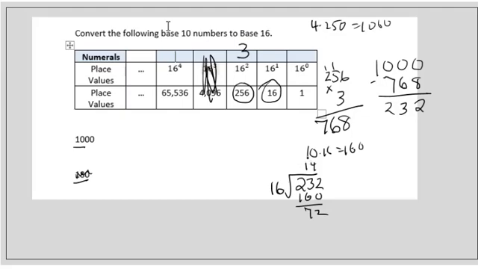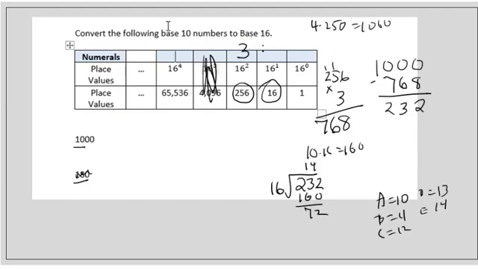14 is a number, but we got to change it, right? A is 10, B is 11, C is 12, D is 13, E is 14.